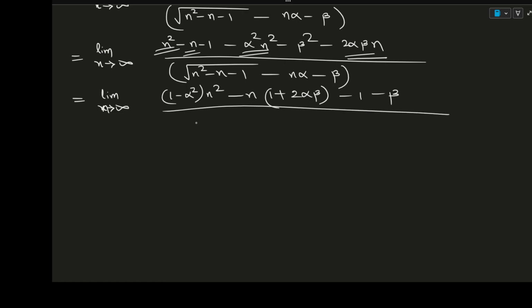Now I'm taking n square out of this square root, so it will be n 1 minus 1 by n minus 1 by n square.